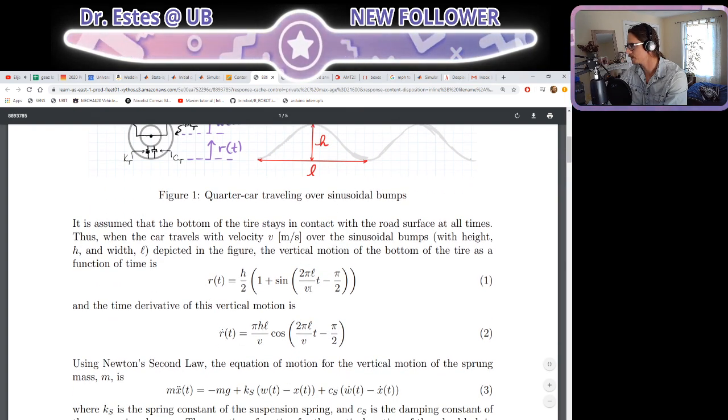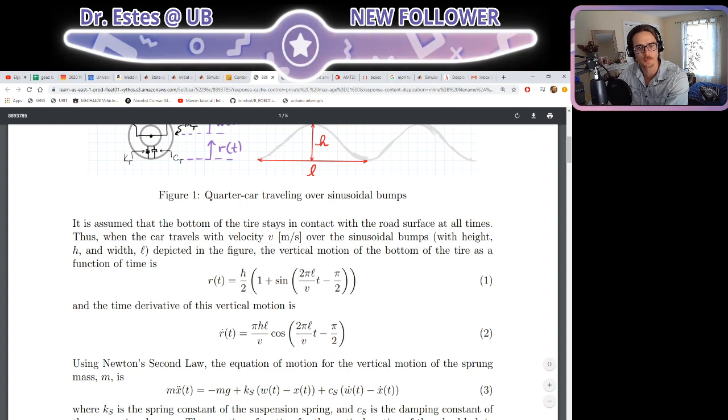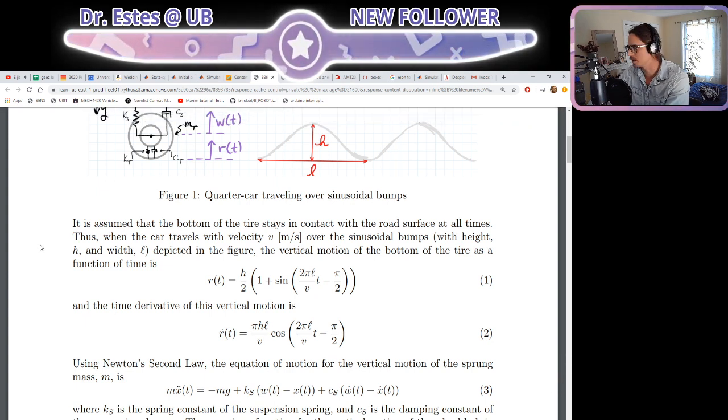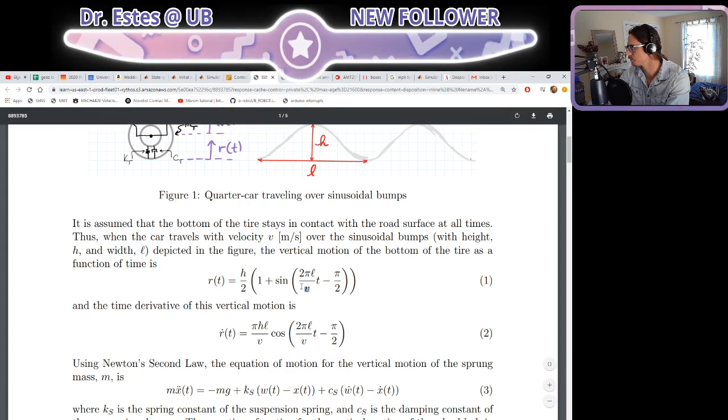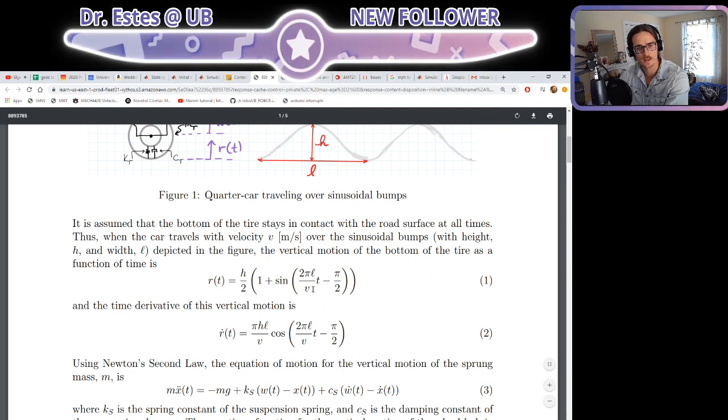Wait, I might have to fix this. I'm skeptical of what I did here because this V is in the denominator. And that means that the faster I go, the bigger V gets, but the smaller this number becomes because we're dividing by V. But this number is the frequency of oscillation.